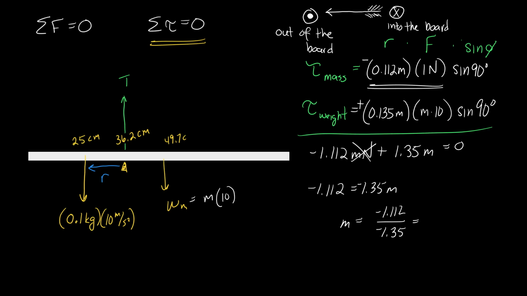Does that make sense? Any questions about that? Is that good, guys? All right. Units are meter, Newton, but the bottom one is kind of weird units because we took meters and multiplied by 10, which is meters per second squared. But that's going to leave us with just kilograms when we work that out.